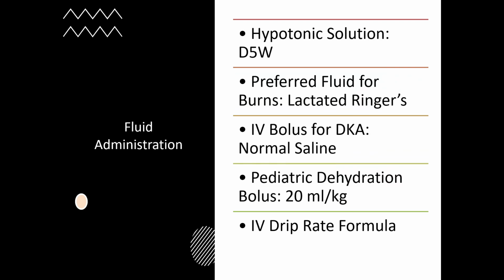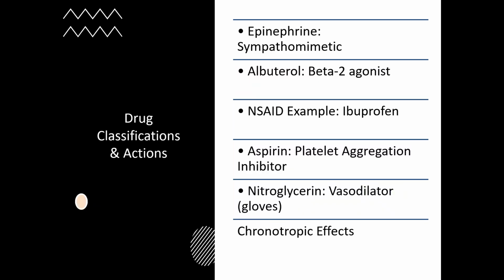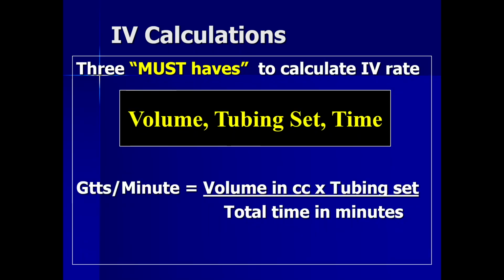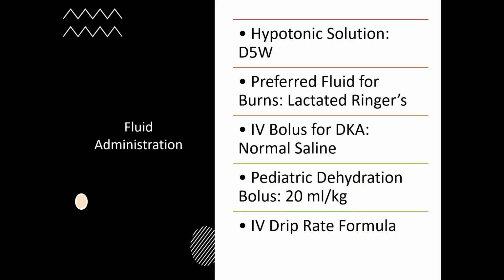DKA patients are already undergoing acid-base corrections, and additional lactate metabolism may not be ideal. And so that is why we are going to go with the normal saline for your DKA patients.